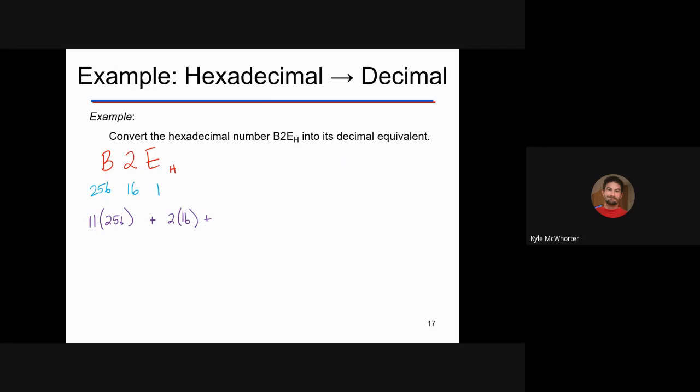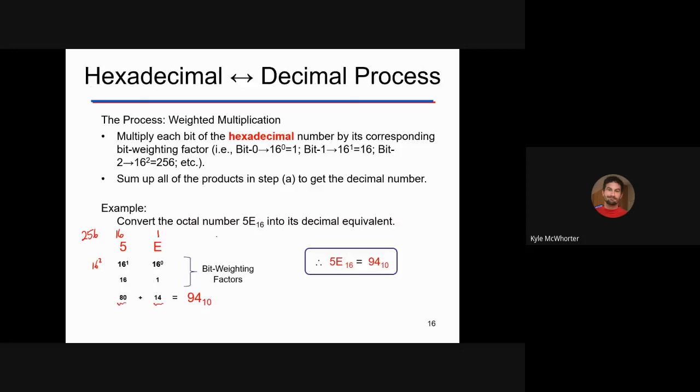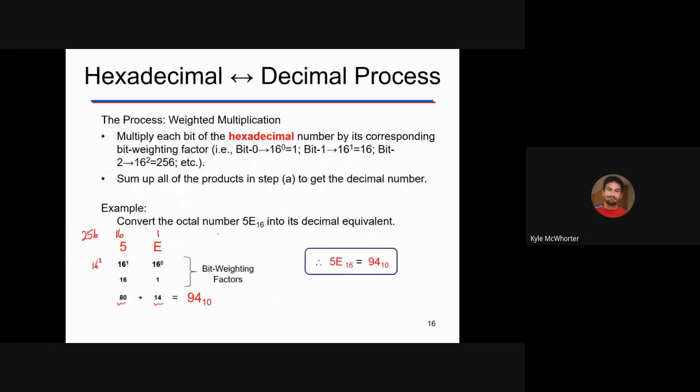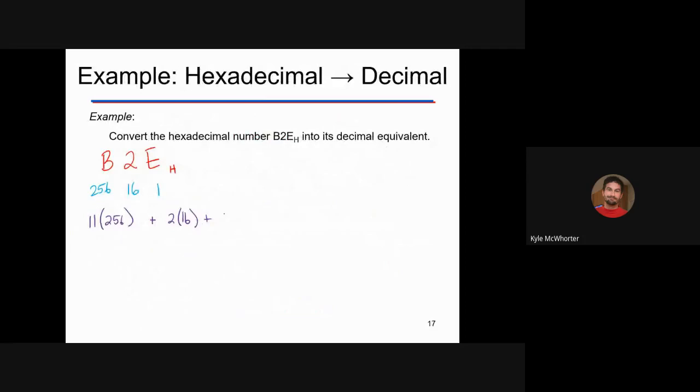And then for the last one, I'm doing E times 1. E was 14, I think, right? Yeah. So 1 times 14.